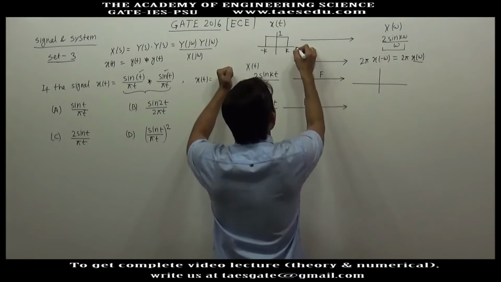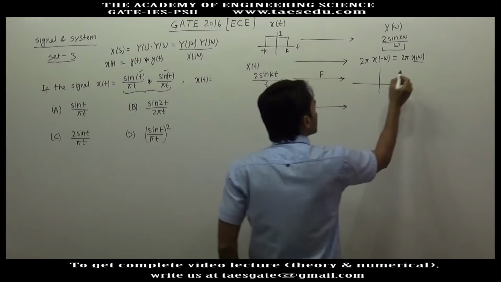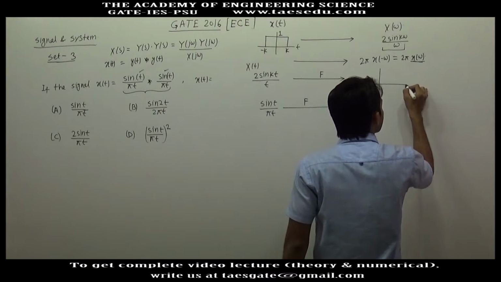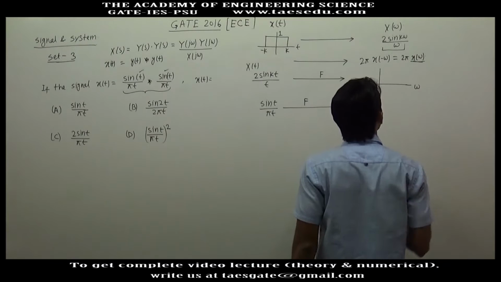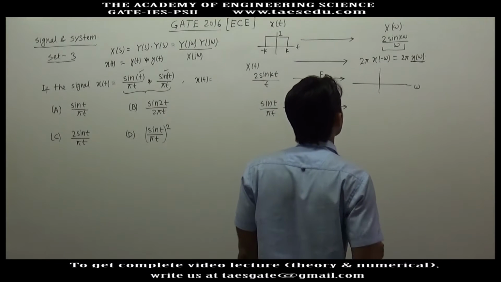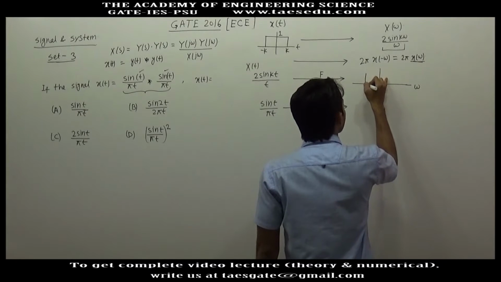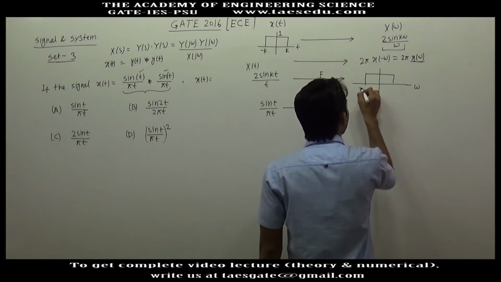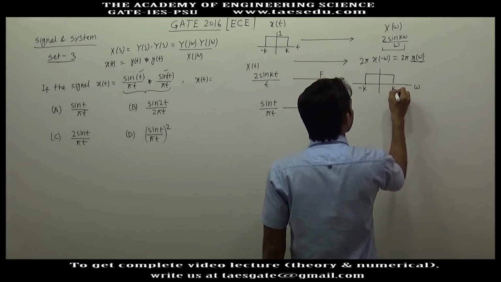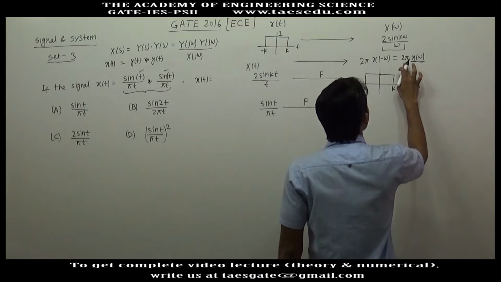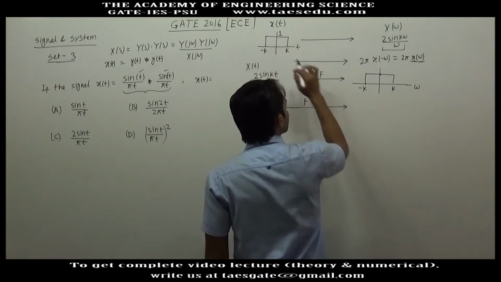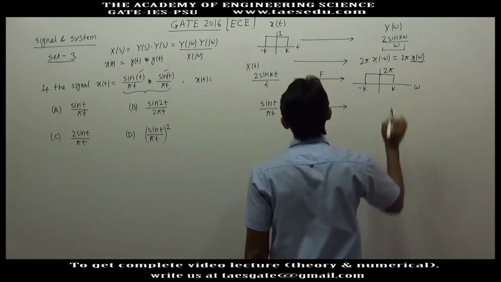This is x(t), on the x axis we have t. Here we have x(omega), so on the x axis we will have omega. So x(omega) will be from minus k to plus k, and the height will be 2 pi times x(t). So here you will have 2 pi.